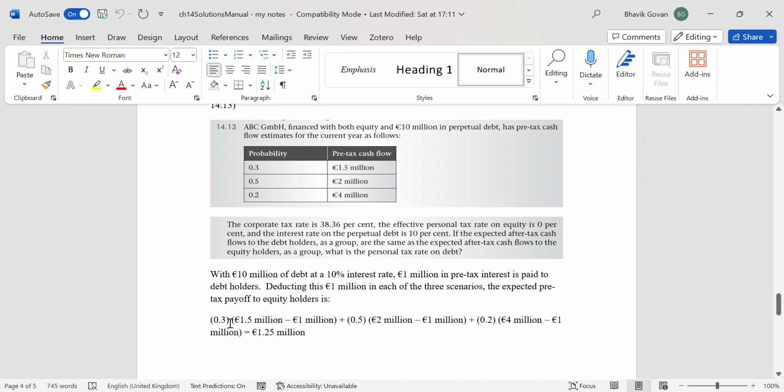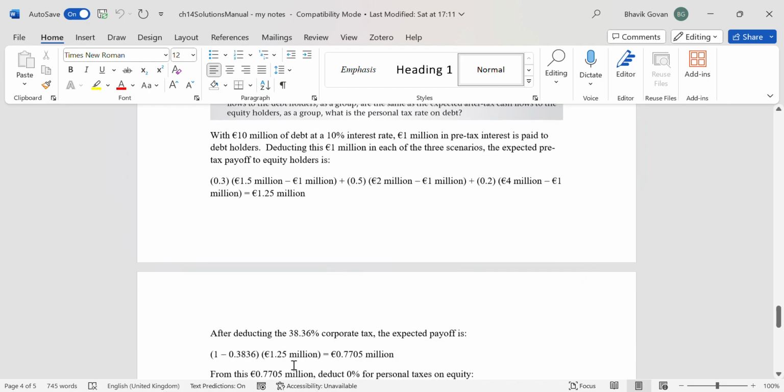So you get 0.3 times 1.5 minus 1, plus 0.5 times 2 minus 1, plus 0.2 times 4 minus 1. And you end up with 1.25 million euros.